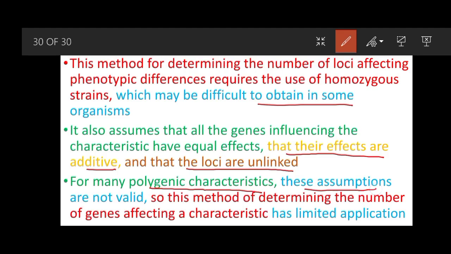These assumptions are not valid. So this method of determining the number of genes affecting a characteristic has limited application. It is only limited to some simplified traits where genes are unlinked and have no environmental effects, etc.